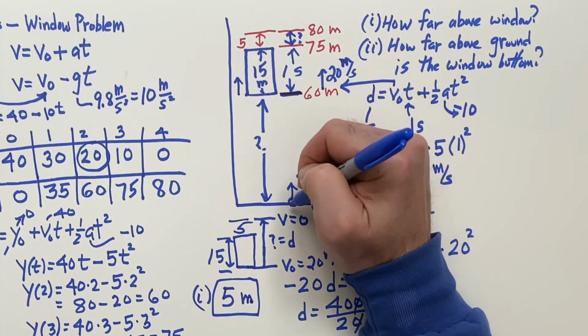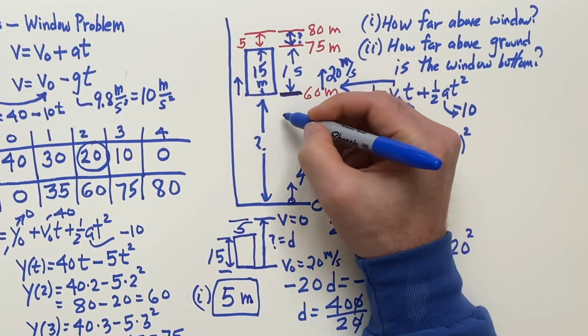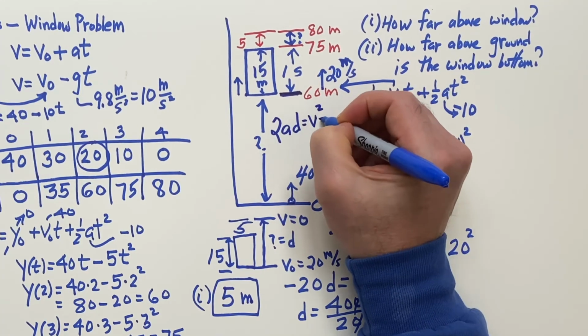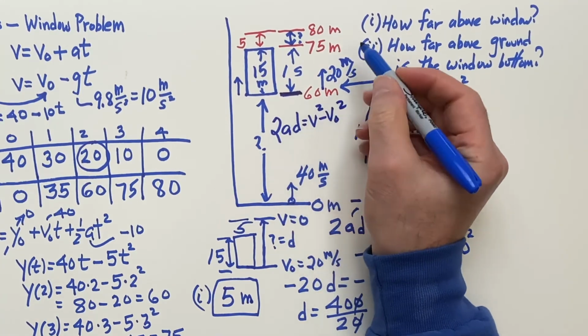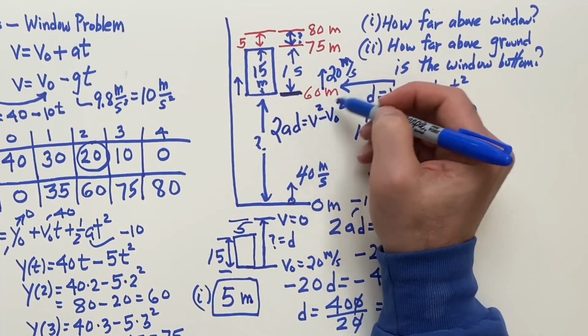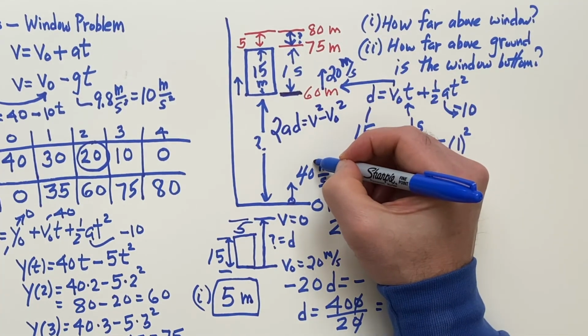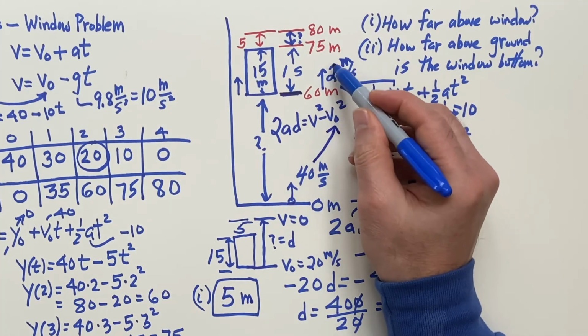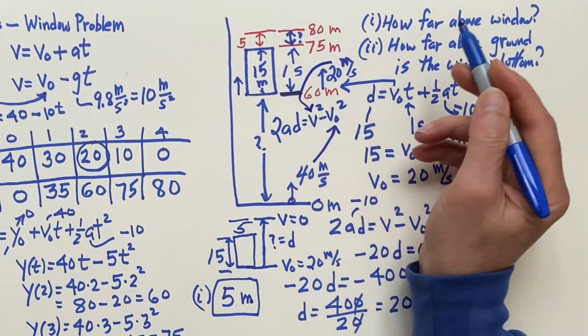Now to find out, this one's going to be straightforward because if I know 20 meters per second here and I know 40 down there, I have my velocities. So 2AD is V squared minus V naught squared, and here once again the variables represent different numbers because now the initial one's going to be the 40 and the final one is going to be the 20.